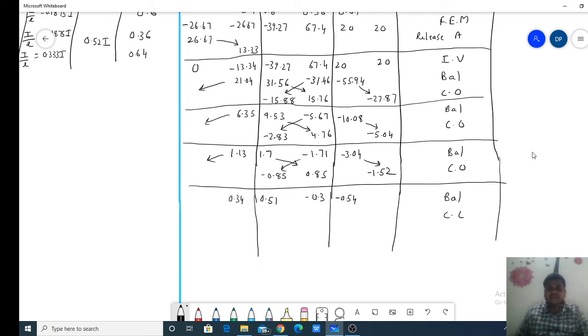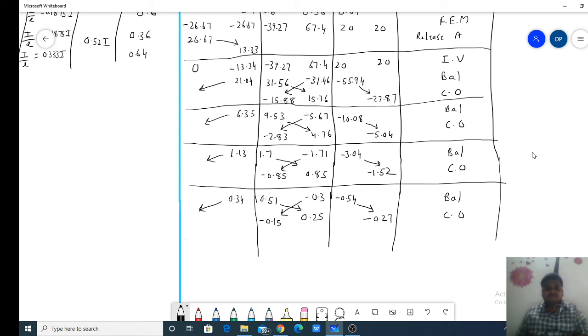Then after this carry over, no carry over. 0.51 means this comes out to be 0.25, minus 0.3 means minus 0.15, minus 0.54 means minus 0.27, right.